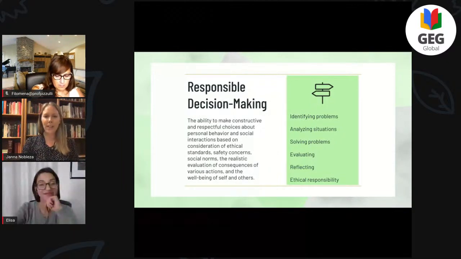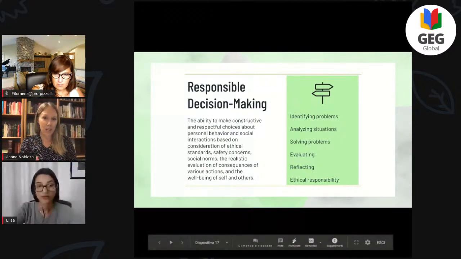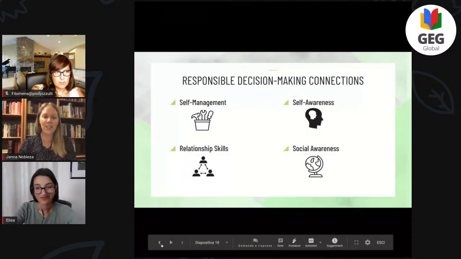A lot of times I like to think of responsible decision-making kind of in a strand within social emotional learning, where we've got self-awareness, so we understand who we are, then we move on to our toolkit, self-management, and then finally, because of our toolkit, we're able to make those responsible decisions. So the ability to make those constructive choices.